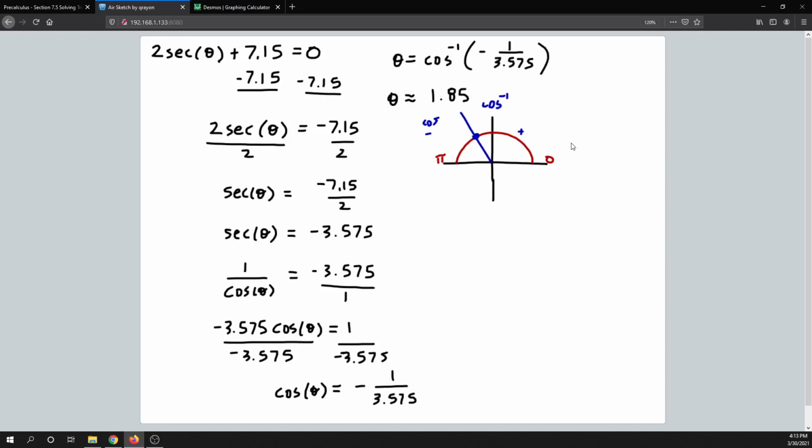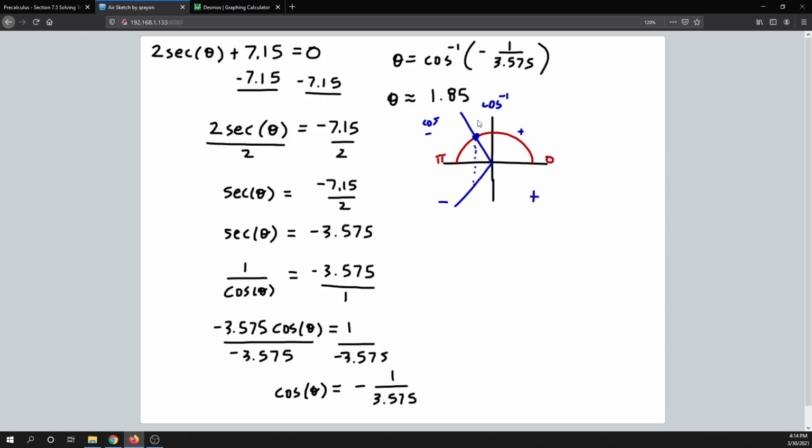All right, so there is another solution from 0 to 2 pi. And that solution would be down here, directly below. Because we know that the cosine is also negative down in the third quadrant, and it's positive over in the fourth quadrant.